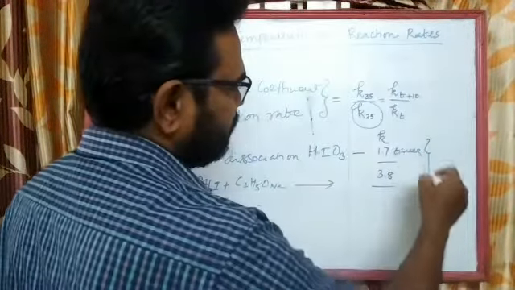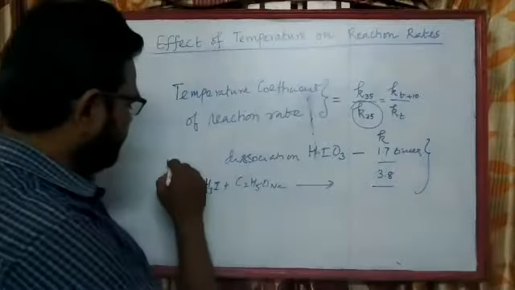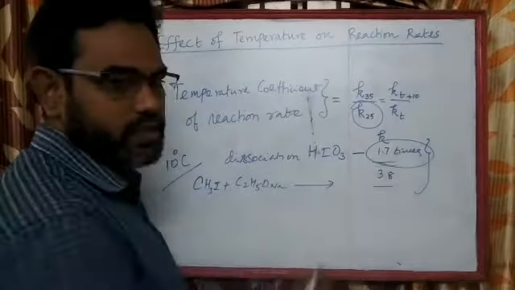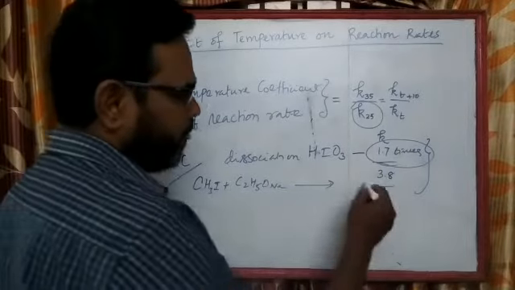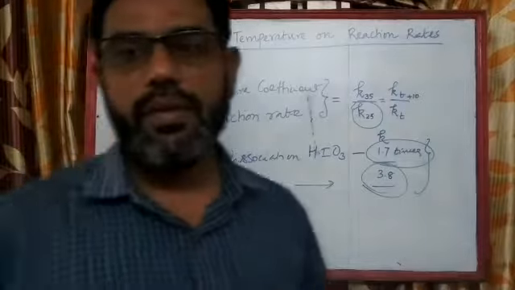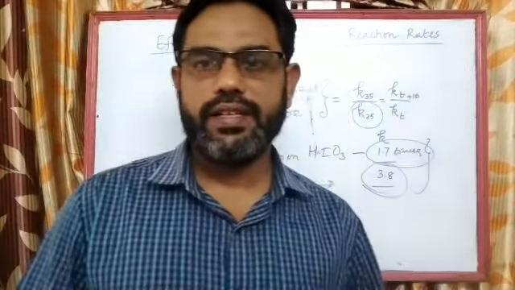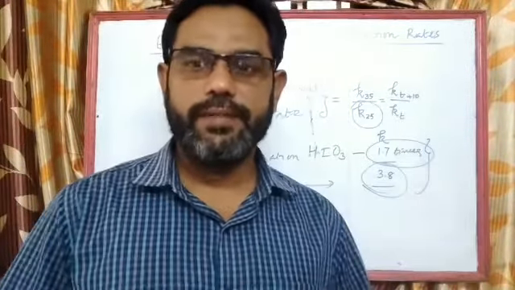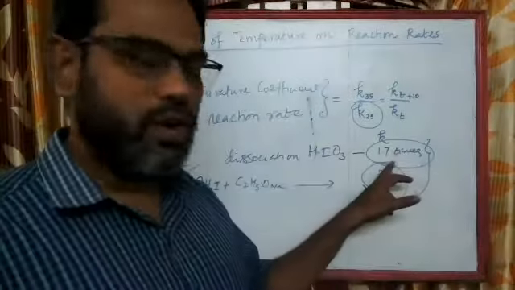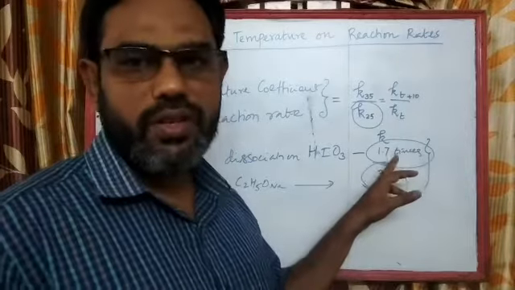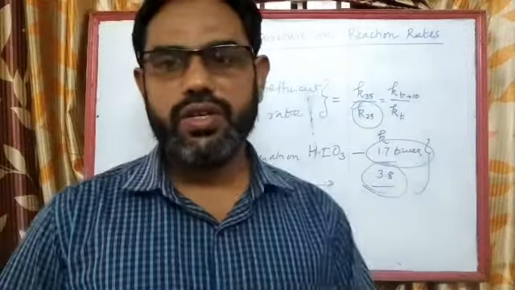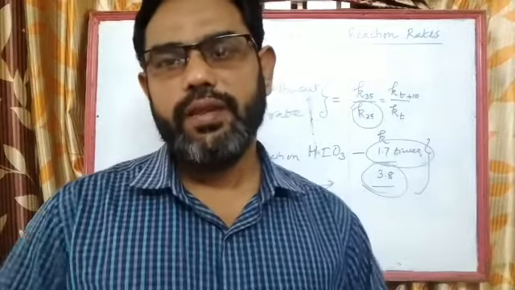So a rise of 10 degrees centigrade raises the rate by 1.7 in one particular reaction and 3.8 in some other reaction. So this is not a common phenomenon for all the reactions that the rate gets doubled. In some reactions, the rate gets doubled. 1.7 is closer to 2, and similarly 3.8 is closer to 3 or 4.